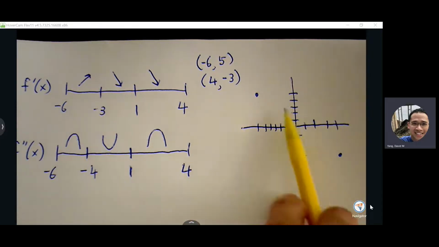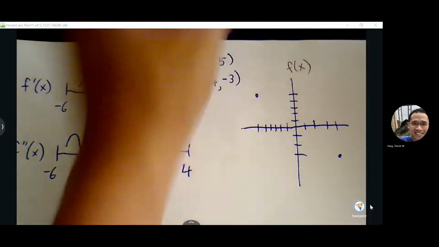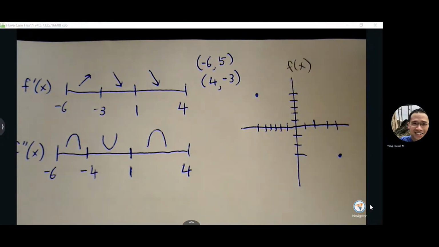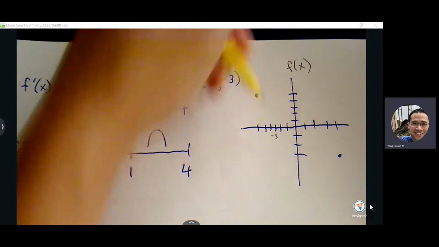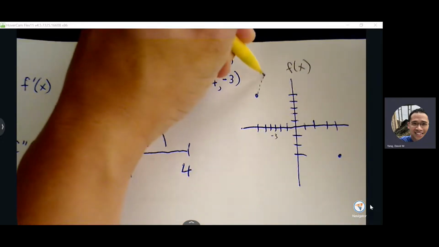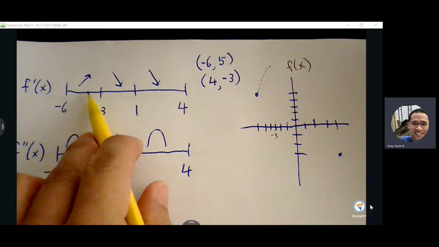So what do we want our graph to do initially? This is the original graph. Rise, right. So we're going to rise until it hits -3, however high that we may want that to be. It doesn't really matter. I'm just following whatever the arrow tells me.